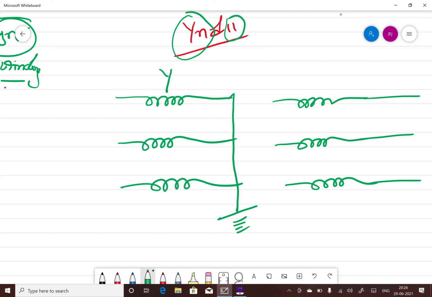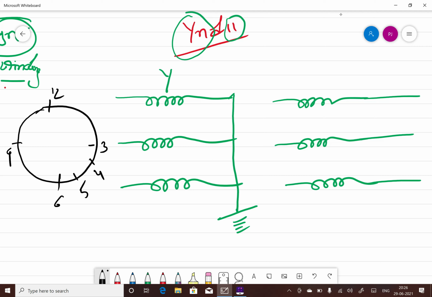So first of all, how to draw these things? Now we will go back to a very simple concept. Suppose this is your clock, which I have already drawn in the last slides also. So this is your 12 o'clock. That means this must be 6, this is 3, and this is 9. Now if this is 3, somewhere like this is 4 and this is 5.